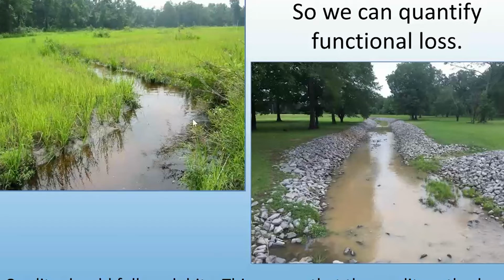So again, if we look at these pictures, hopefully we all agree that the picture on the right looks worse than the picture on the left. So if you took this stream and made it look like this, there is functional loss. And then the question is, how much loss is there? I tend to think of this programmatically as credits should follow debits. And what do I mean by that?